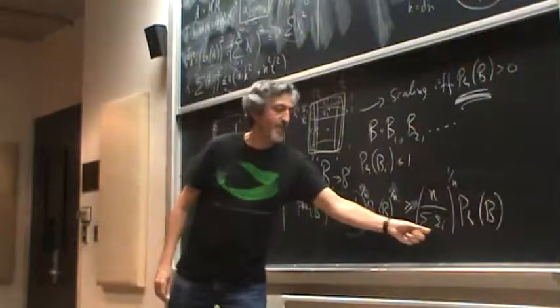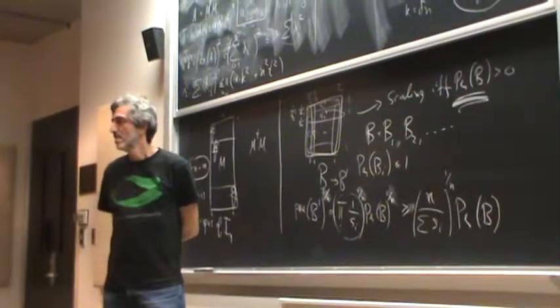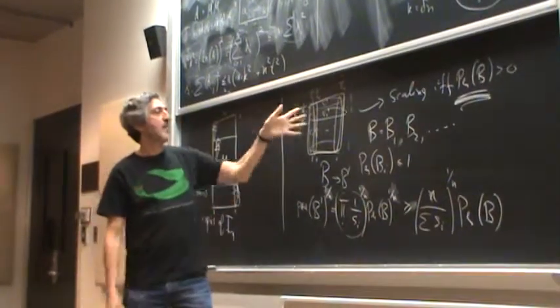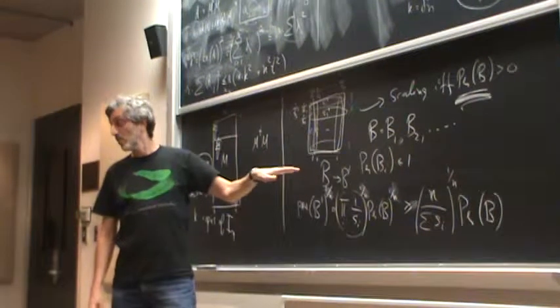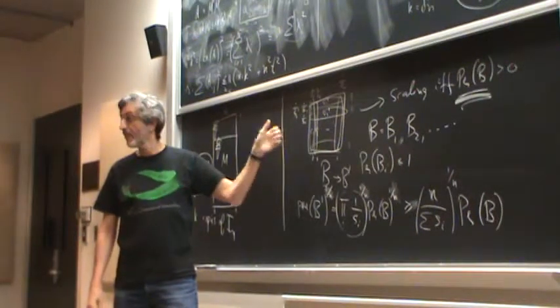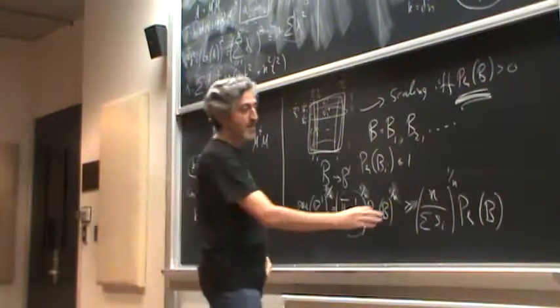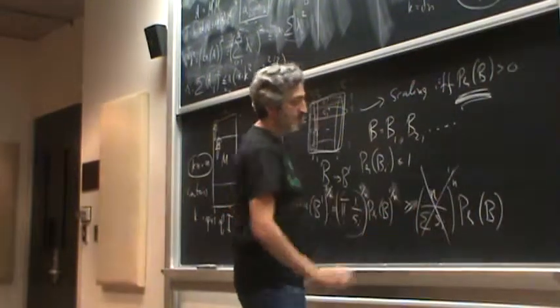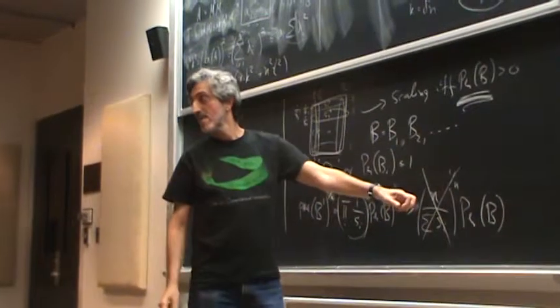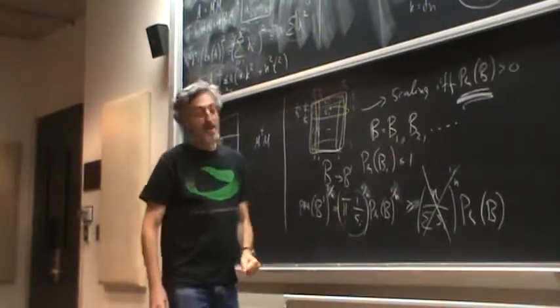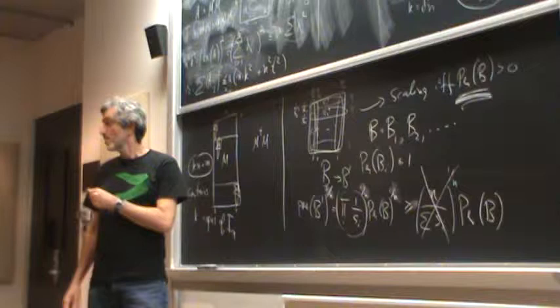But what is the sum of Si? If we are now doing the row sums, it means the column sums were all 1s, right? And the sum of row sums is the sum of column sums, so it's n. So this is 1. So this is bigger than this. Now that's not quite enough for convergence.